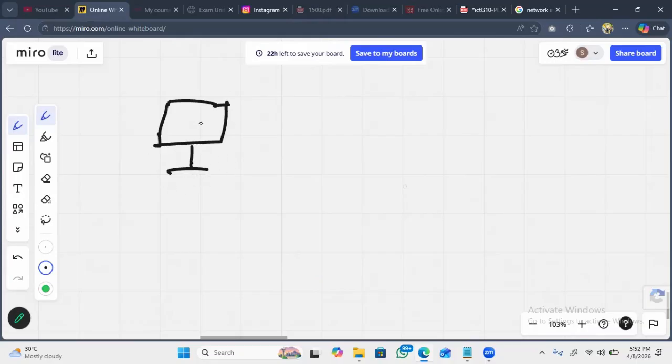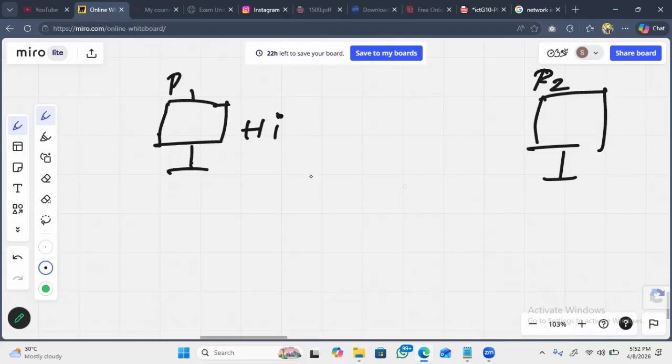Okay, here what is happening? Now we know if you want to send a message, say hi. PC1, PC2 is there. This is PC1, this is PC2. You want to send hi to PC2. Now this hi, the computer is turning it into binary language. Hi is not sent in English.